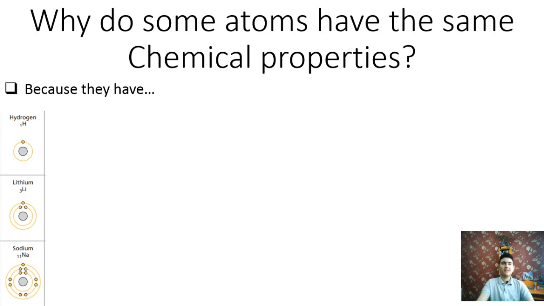It's not very good for the body. And as we will learn in next videos, these two atoms, lithium and sodium, and sometimes hydrogen, have a tendency to lose their only valence electron. But don't worry, we will learn about that in next videos.